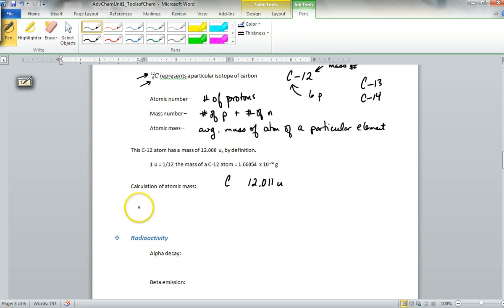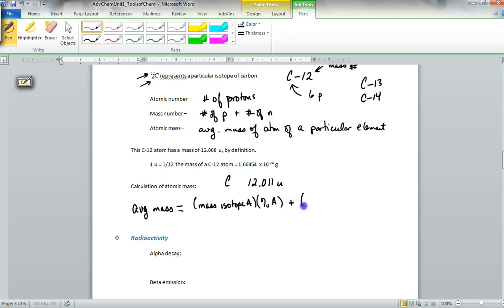average mass? Well, to find the atomic mass, the average mass of an atom, what we are going to do is we are going to get the mass of a particular isotope, so let's say isotope A, and we're going to multiply it by the percentage of isotope A in that sample.